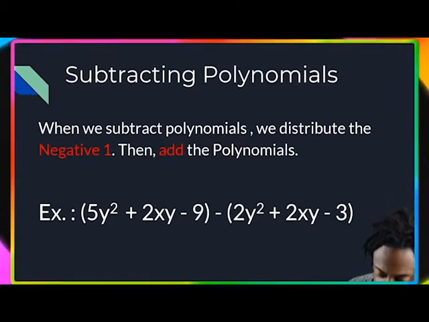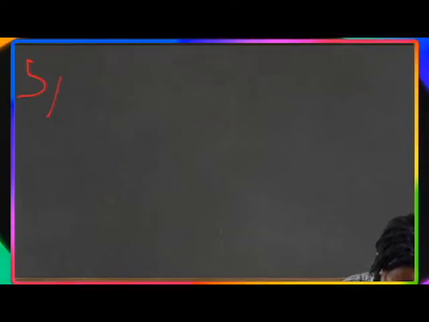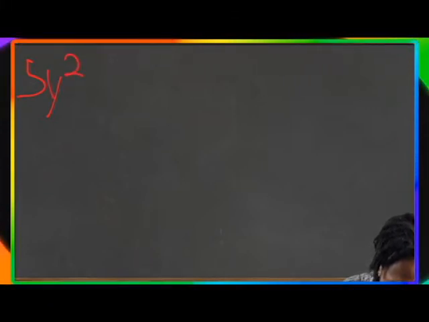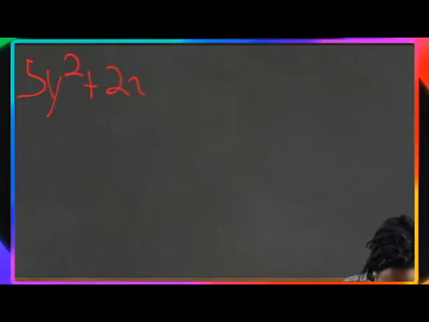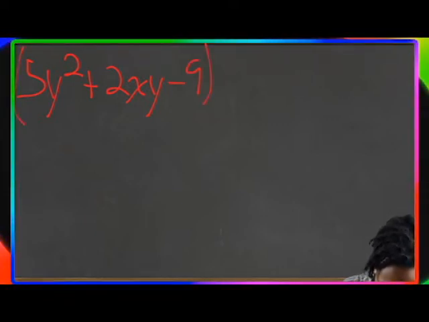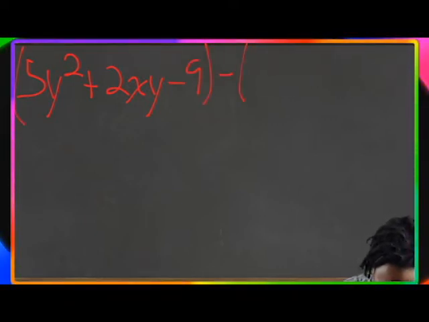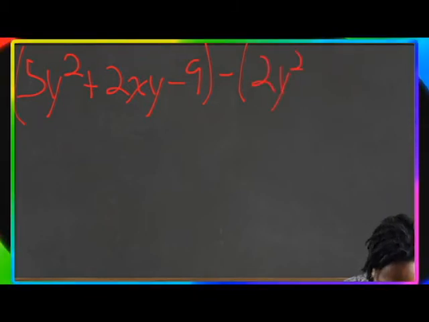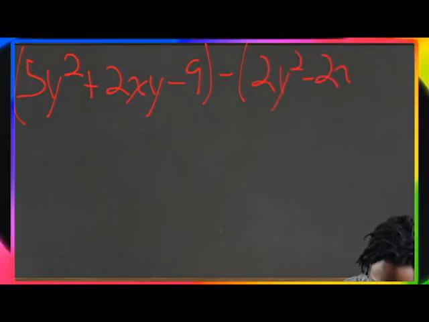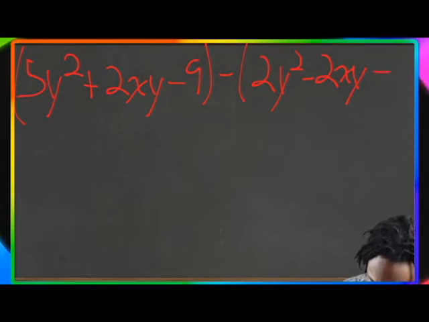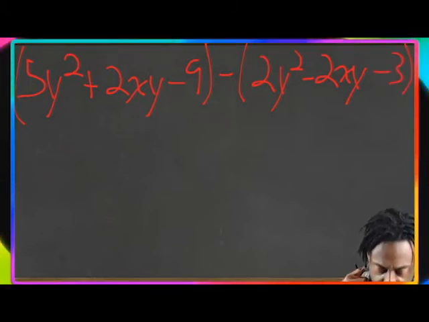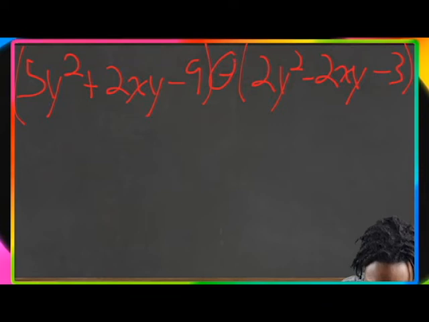Let's go at it. So let's clear all this out of the way. Now let's go to our problem. We got 5y squared plus 2xy minus 9, minus 2y squared minus 2xy minus 3. Okay? This bad boy.